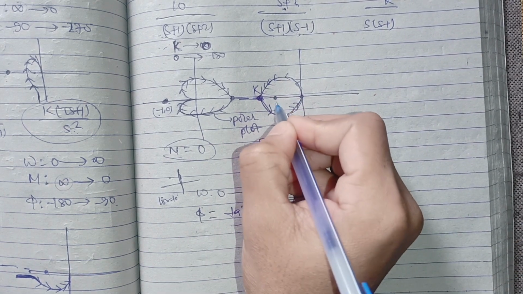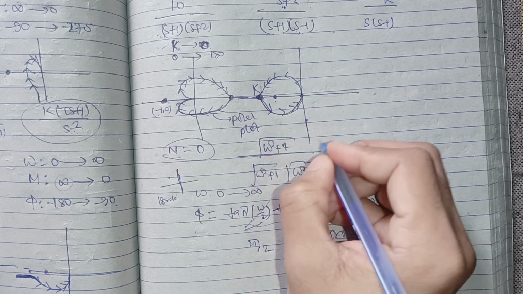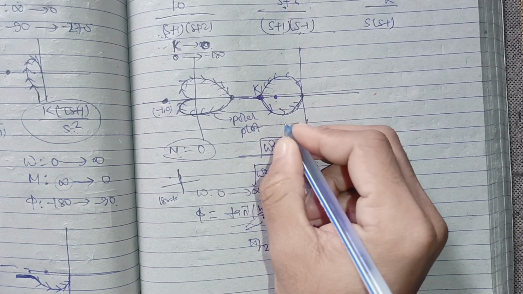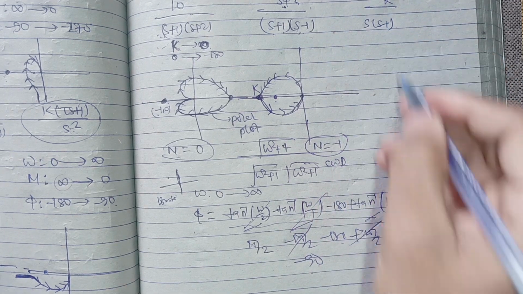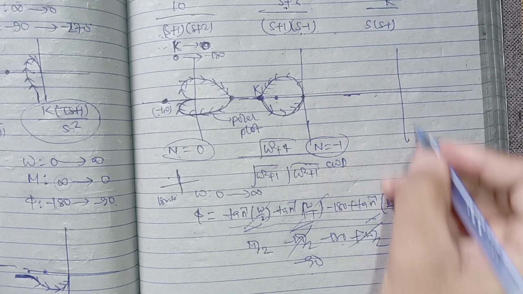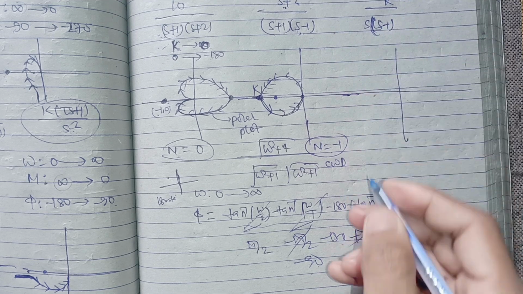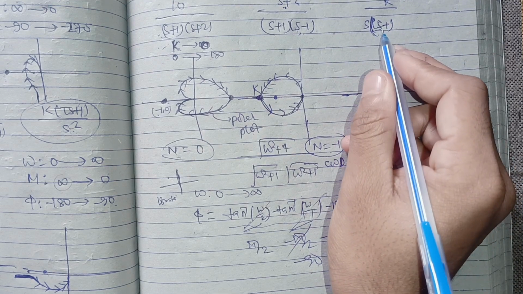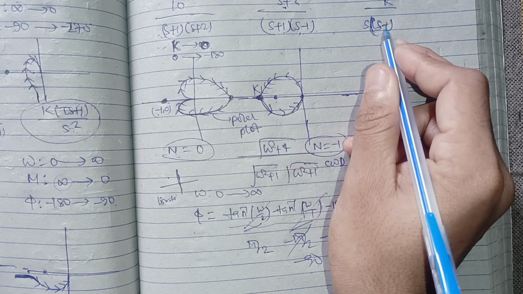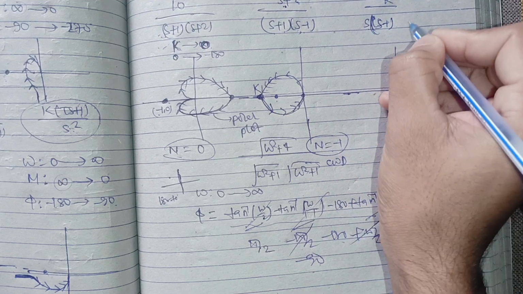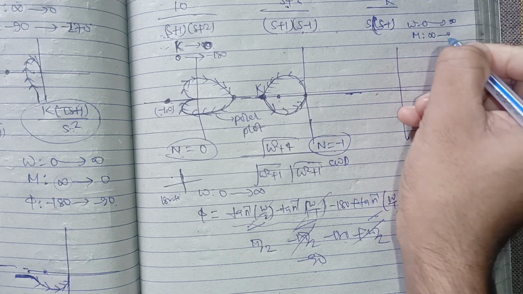If minus 1 comma 0 is here, then the number of encirclements is n equal to minus 1, because it is in the clockwise direction. Easily. And for this question, for the Nyquist plot, first plot the polar plot. It is a strictly proper system, meaning p minus z is greater than 0. When omega varies from 0 to infinity, the magnitude goes from infinity to 0.